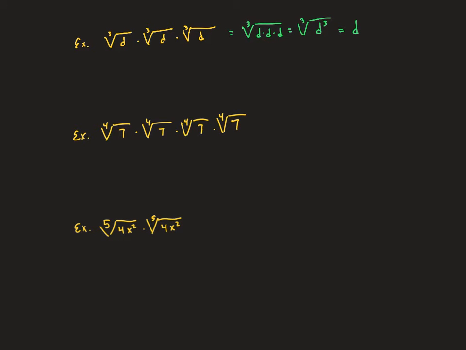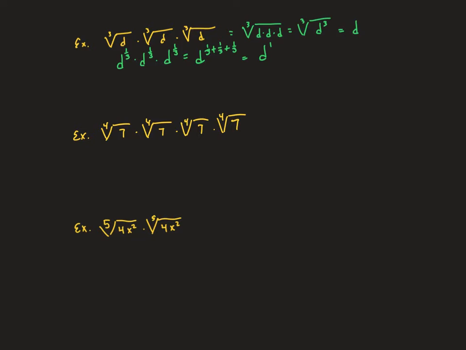From the rational exponent view, this would be d to the 1/3 times d to the 1/3 times d to the 1/3. That is d to the 1/3 plus 1/3 plus 1/3, which is just d to the first power. So there are different ways to look at this and come up with a solution. I'm just presenting those different ways for you to decide what is best for you.